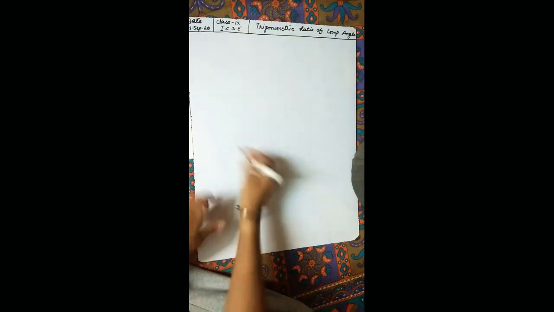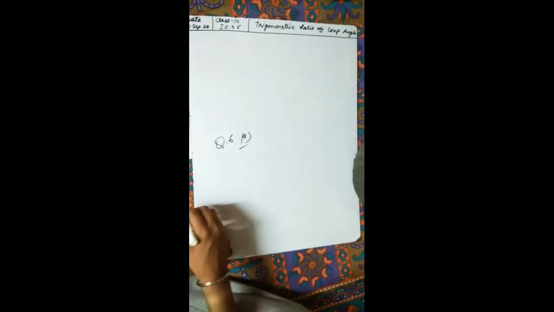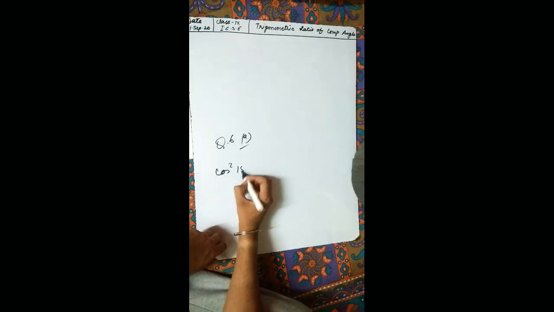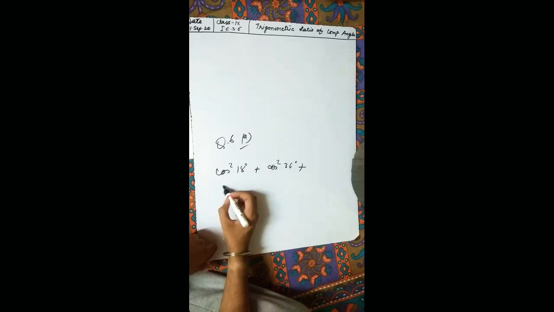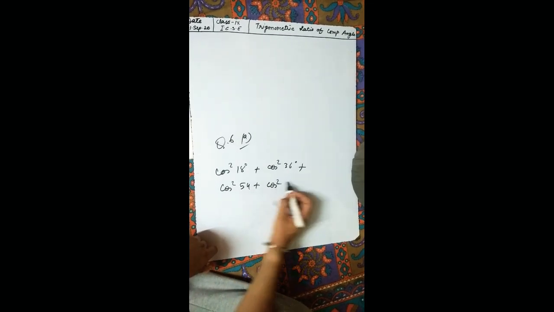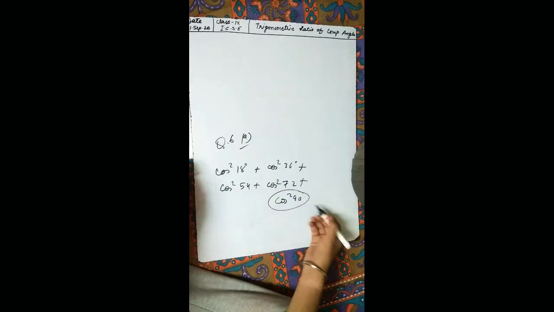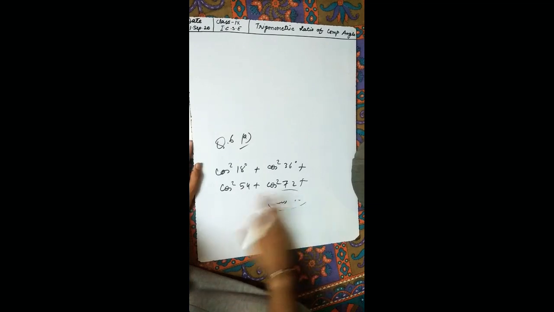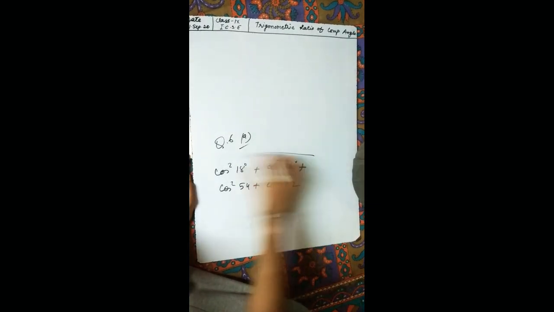See, if you see question number 6, the previous one, that is A1. So you have cos square 18 degree plus cos square 36 degree plus cos square 54 plus cos square 72 plus cos square 90 degree. This cos 90 is 0, so 0 square is 0, so this is removed. Now you are left with these things.